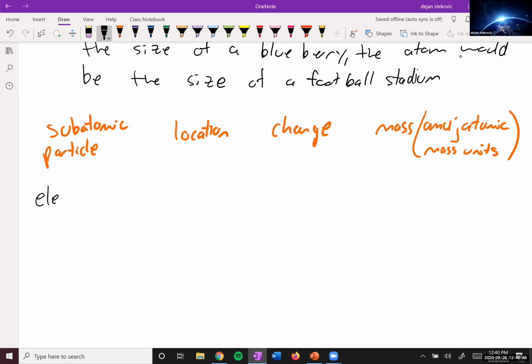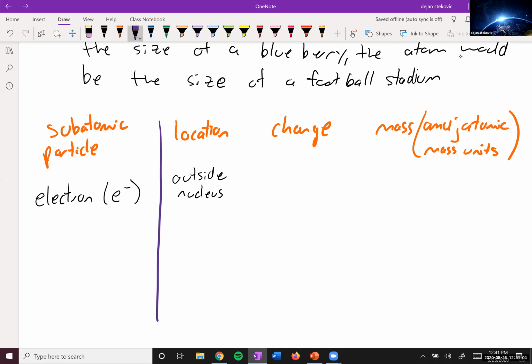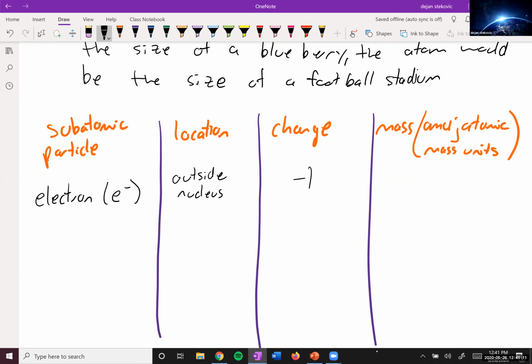All right. So first up we have the electron, and you'll often see me write this as a symbol as a lowercase e with a negative sign in the top right corner. And so it is located outside of the nucleus. The electron has a charge of -1, and its mass is very, very small.